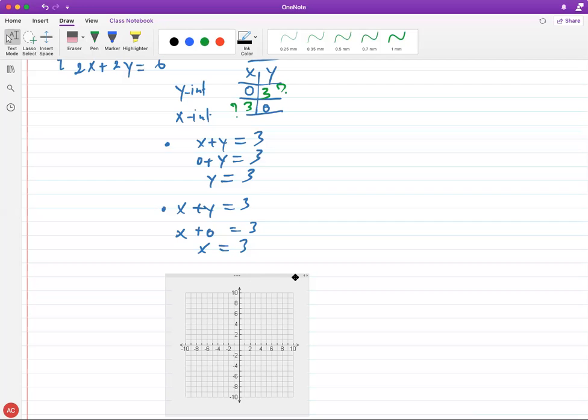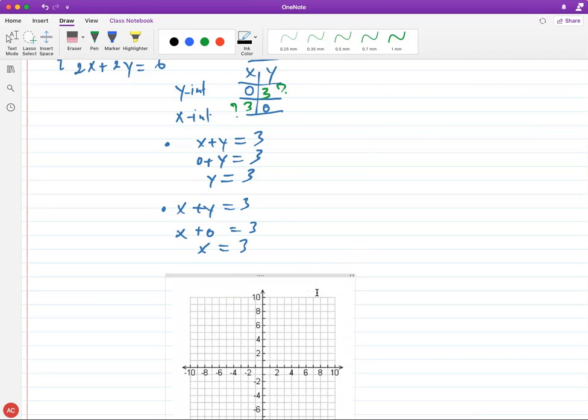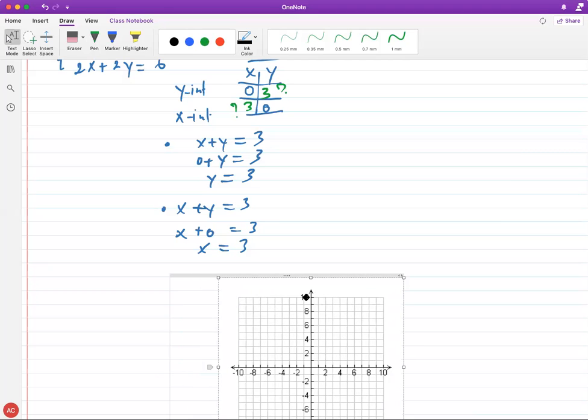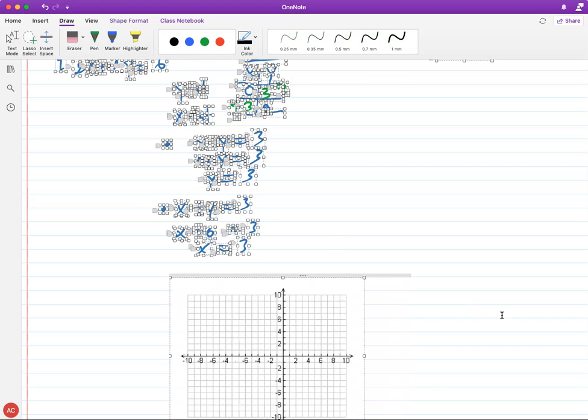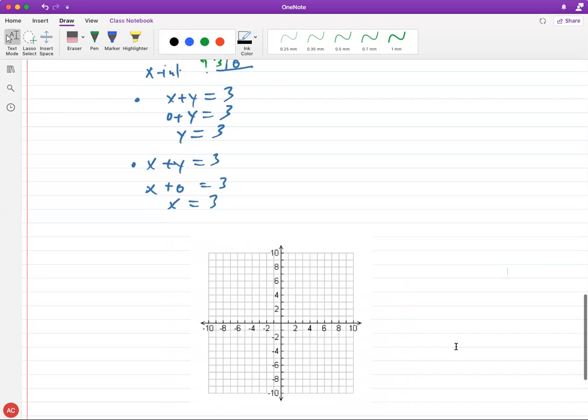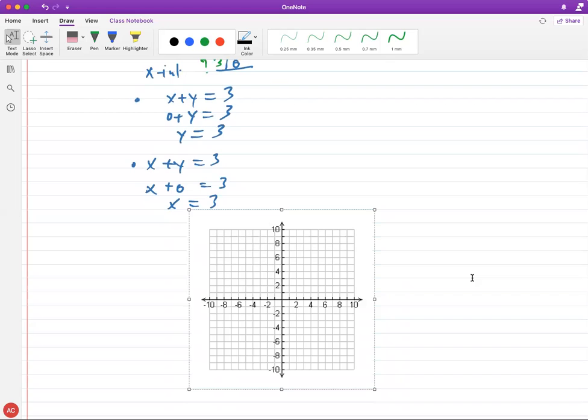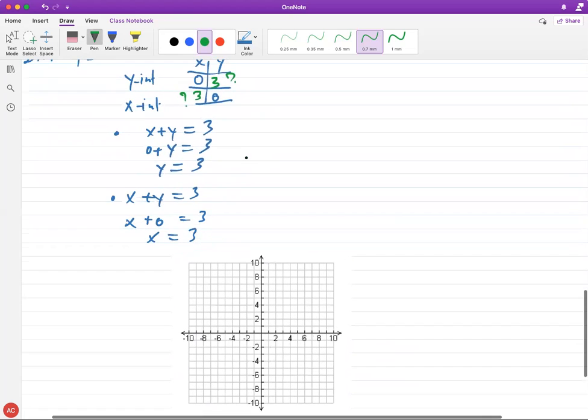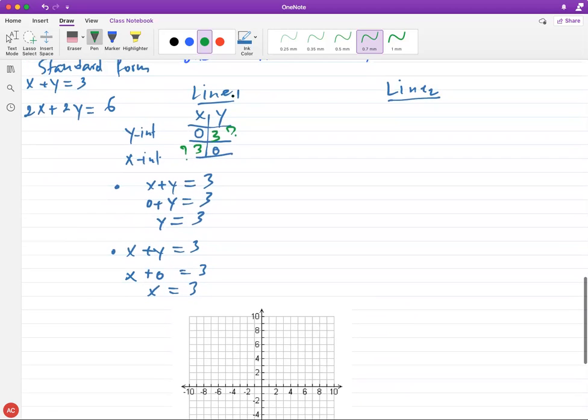Okay, so this is the graph again. For line 1, we have 2 points, (0, 3) and (3, 0).